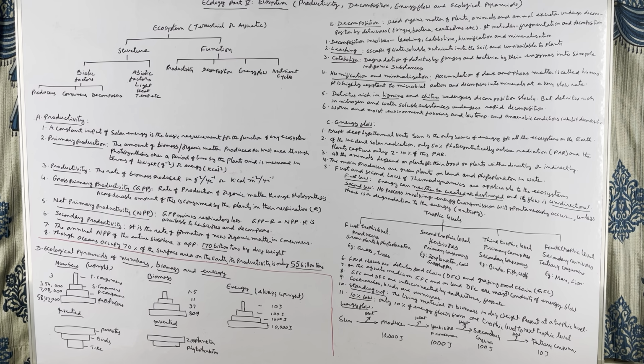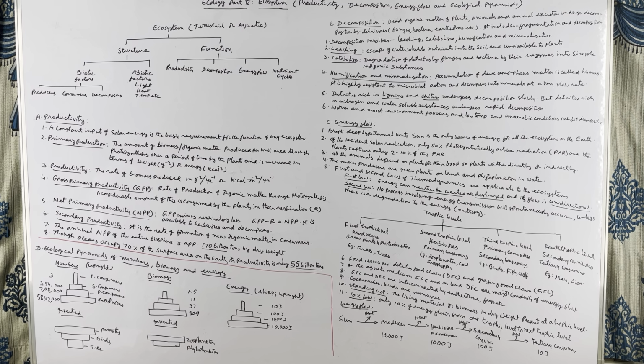Wet weight cannot give us accurate results because the amount of water varies from tissue to tissue and also from species to species. So scientists consider only the dry weight. Then the oceans. We know that the oceans occupy 70% of the surface area on Earth, but their productivity is only 55 billion tons in dry weight.